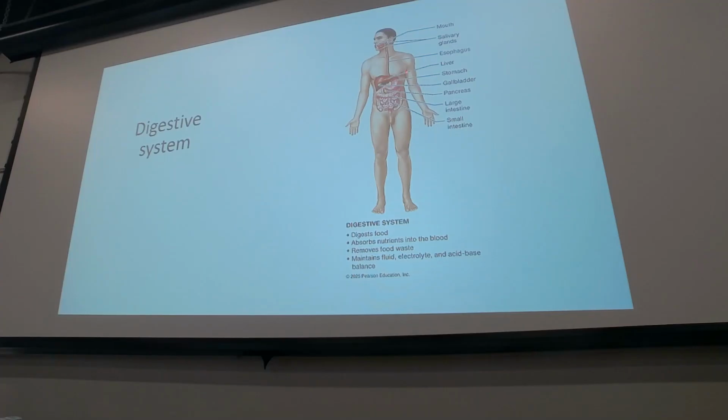It has organs that act as a reservoir for food, like the stomach, and transfer and absorption of nutrients within the intestines, and also absorption of water. So functions to digest food, absorb nutrients into the blood, remove wastes, whatever food we don't ingest, and then maintain fluid, electrolyte, and acid-base balance.